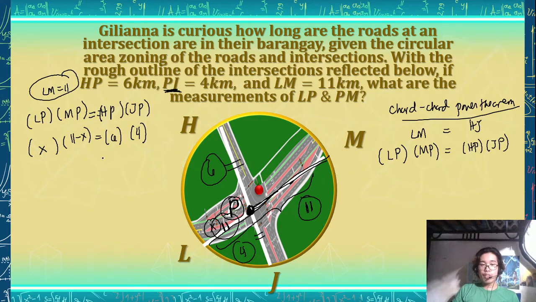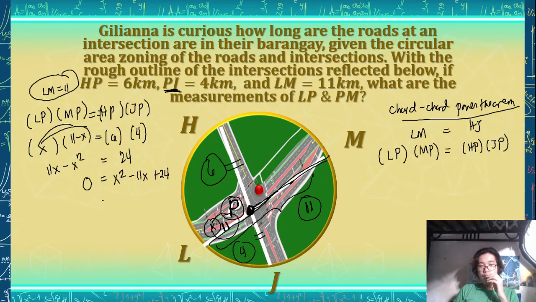And therefore, we have a quadratic equation that we can solve for this problem. We can distribute x, so that's going to give us 11x minus x squared is equal to 24. If we create a quadratic equation, 0 is equal to x squared minus 11x plus 24.